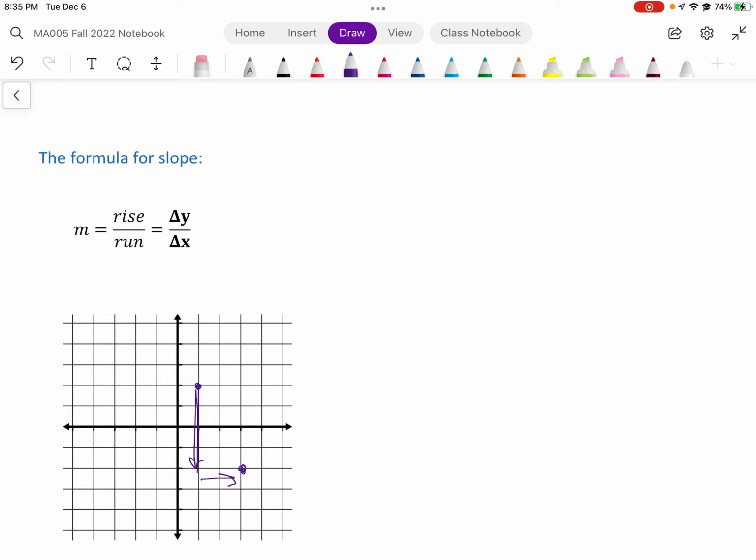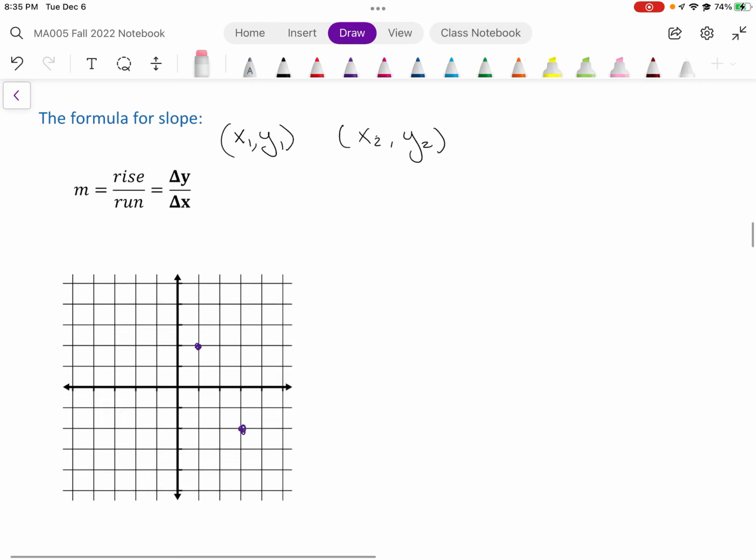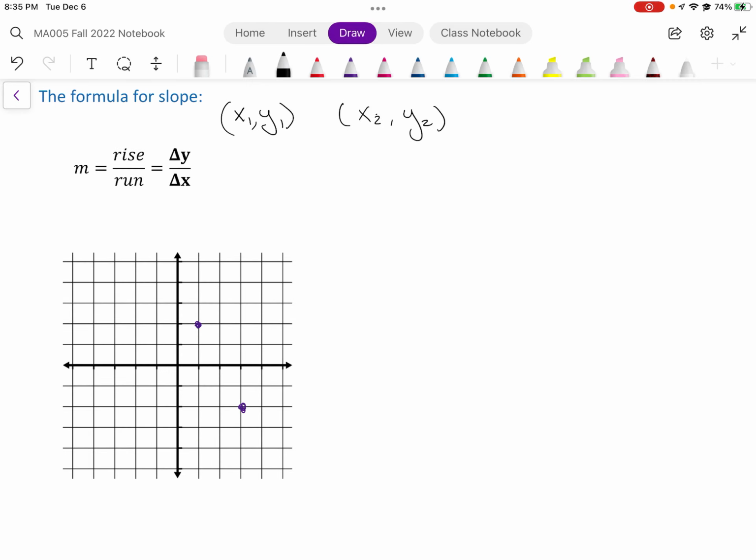So if we had 2 points and one of them is x1, y1, and the other one is called x2, y2, what would our formula be? Well, okay, let's look and see what would happen here. So let's say this first one is this one here. It doesn't matter which is which, x1, y1. And this one is x2, y2.